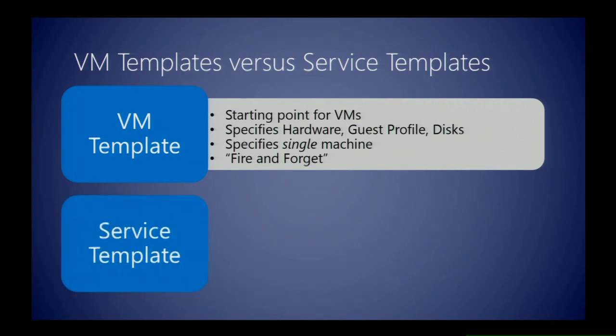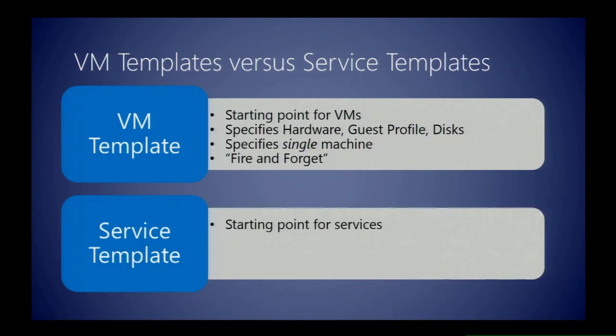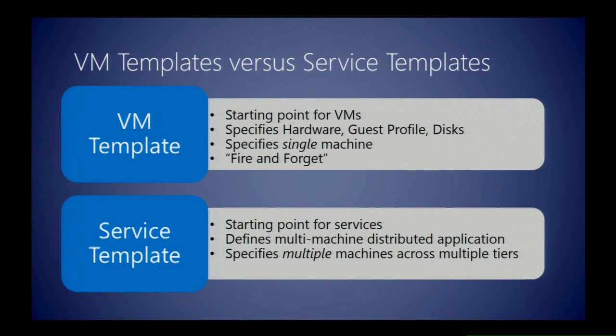Now, compared to that, the service template model, this is your starting point for your services. You build up your service template and you deploy your service with it. And a service, essentially, the template defines the multi-machine distributed application. So we're not just talking about taking one VM and duplicating the VM. We're actually talking about possibly having different types of VMs and duplicating them independently. So you're specifying multiple machines, multiple tiers.